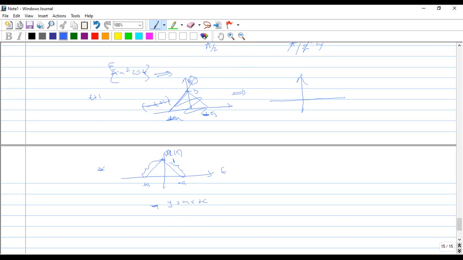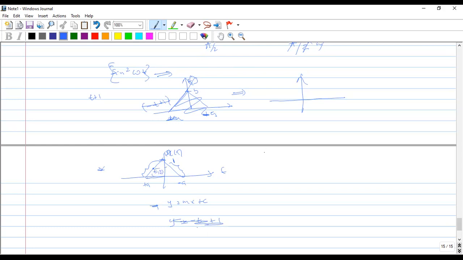This one is y equal to minus t by a plus 1. You can imagine any point here, say (t, y).